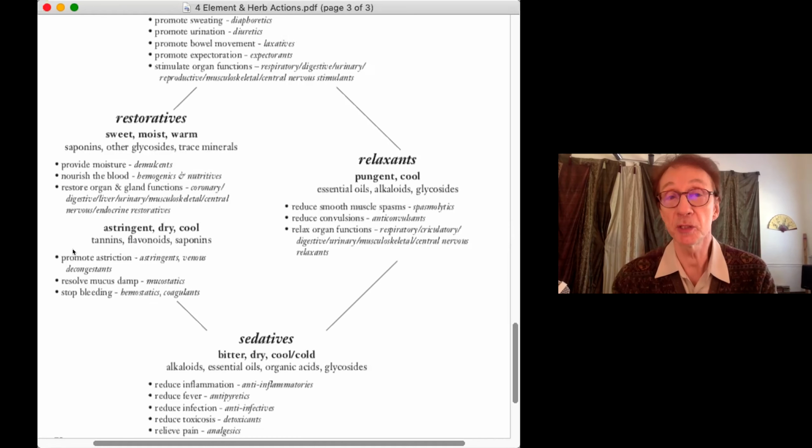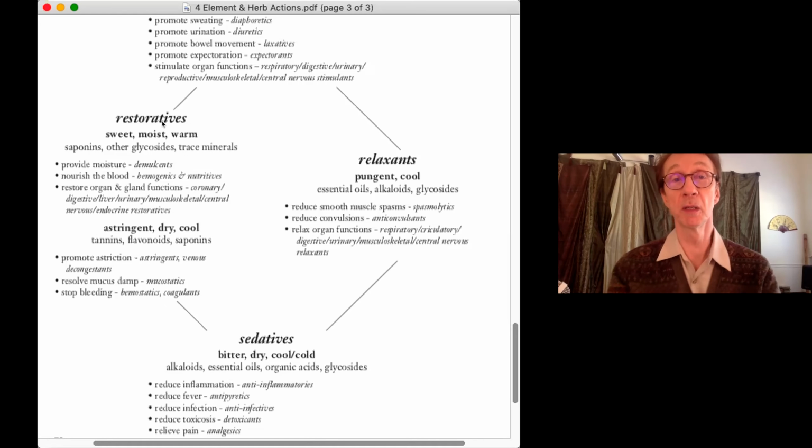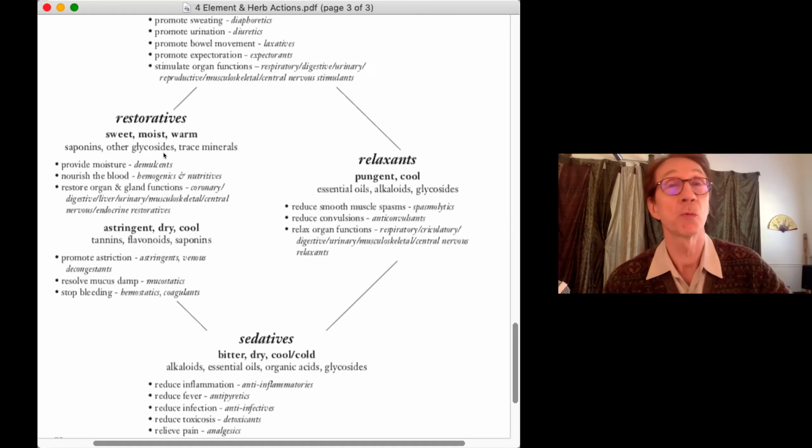In traditional Western medicine, the emphasis was always on the dry, cool astringents, not so much the sweet, moist, warm, but now the situation is reversed.